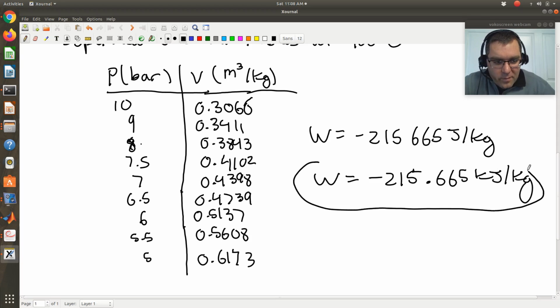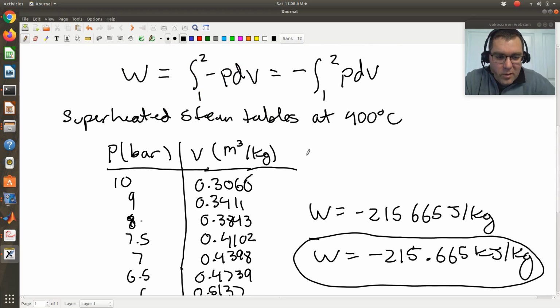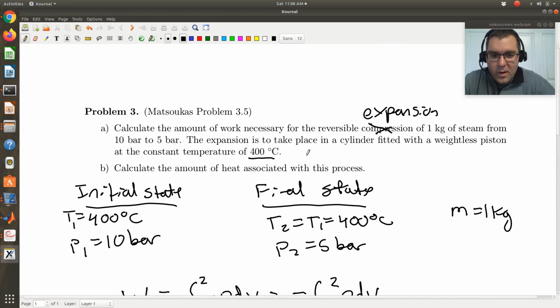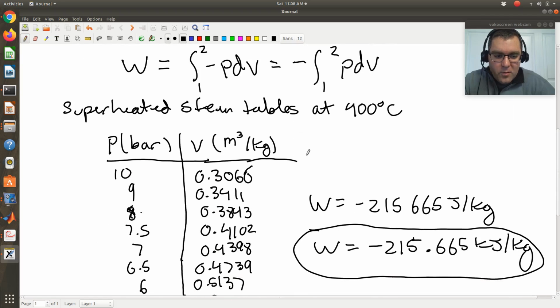And if I wanted W total, I would just take this and multiply it by our mass, which is 1 kilogram. Okay, cool. So that's W, the amount of work. We've got it: negative 215.665 kilojoules per kilogram.